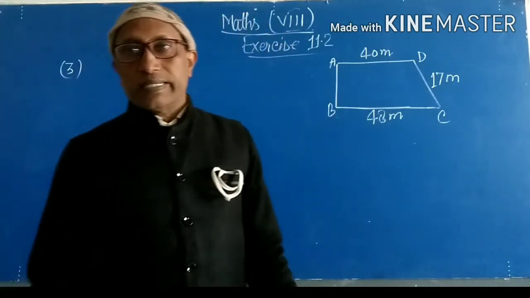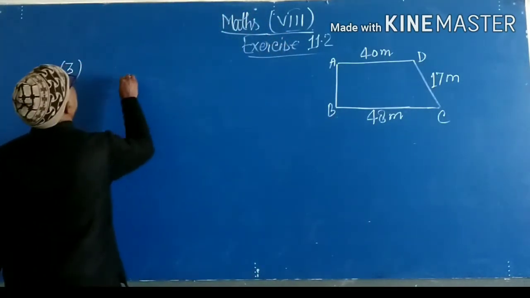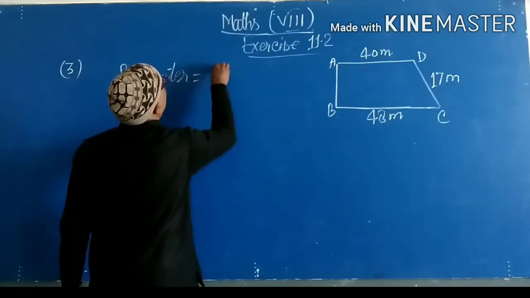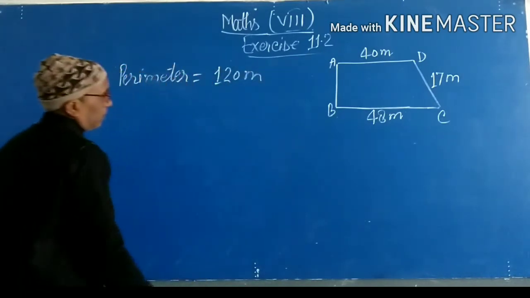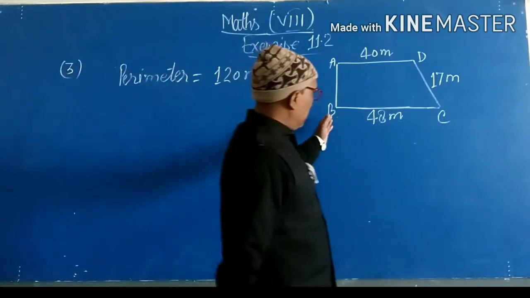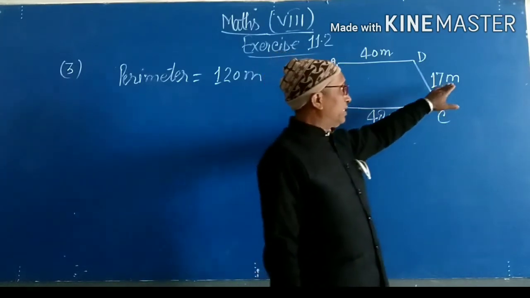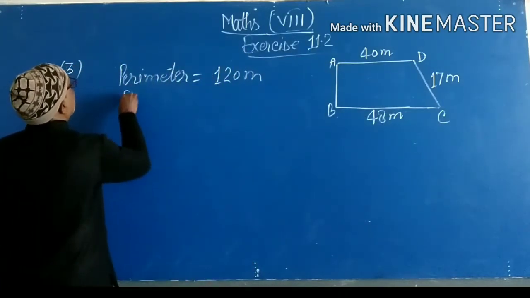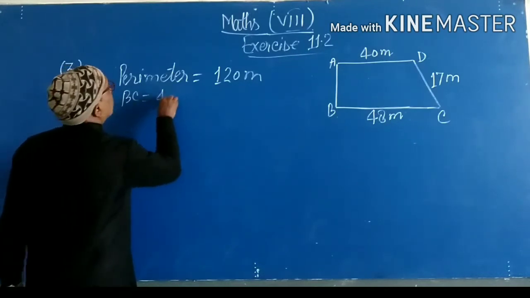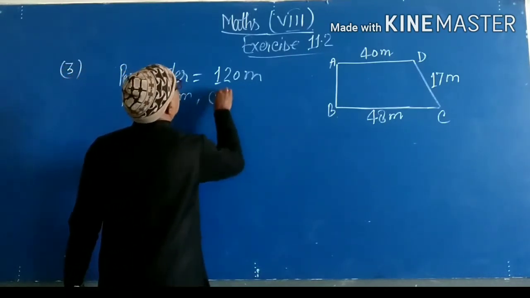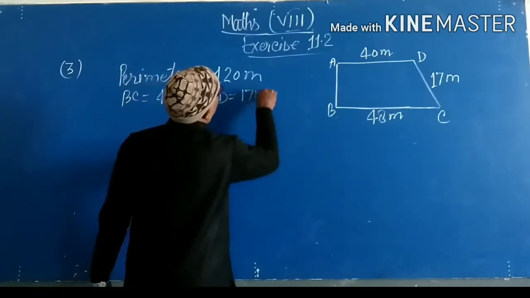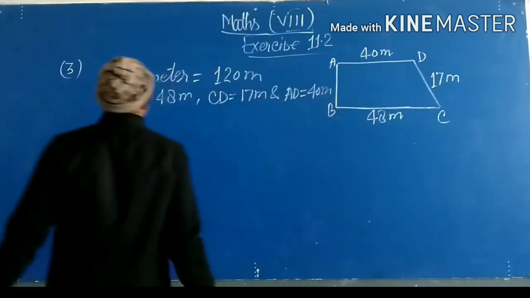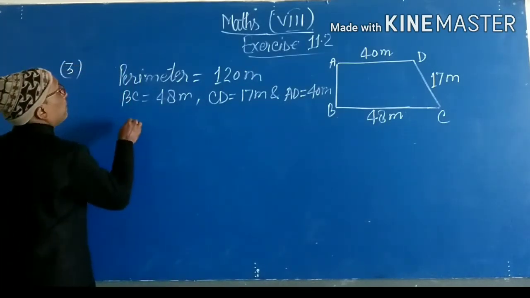You write down first of all perimeter is equal to 120 meter and measurements of BC is equal to 48 meter, CD is 17 meter and AD is 40 meter. Then you find out length of AB.